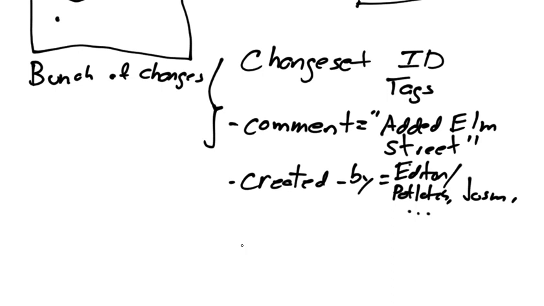But another one that people sometimes use is source. So if you're using aerial imagery and you're tracing, you might put the source of that aerial imagery. Some of the most common ones you'll see here is Yahoo, because they gave some imagery to OpenStreetMap, or more recently, Bing.